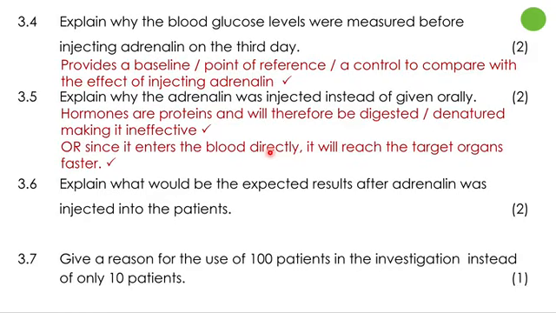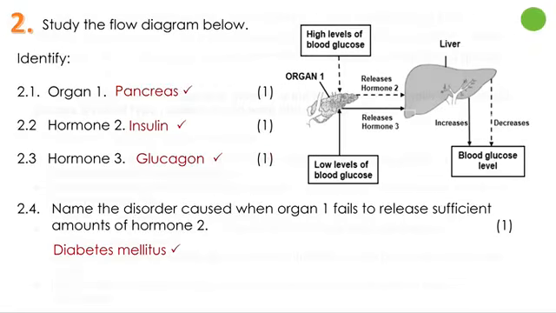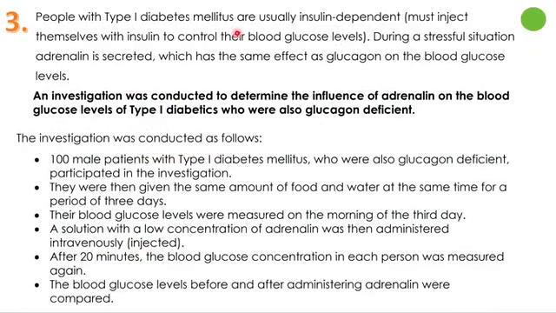Question 3.6. Explain what would be the expected results after adrenaline was injected into the patient. So what am I expecting? What is the effect of adrenaline? They actually tell us at the top in the question, they say during a stressful situation, adrenaline is secreted, which has the same effect as glucagon on the blood glucose level. So they give us a little tip there.